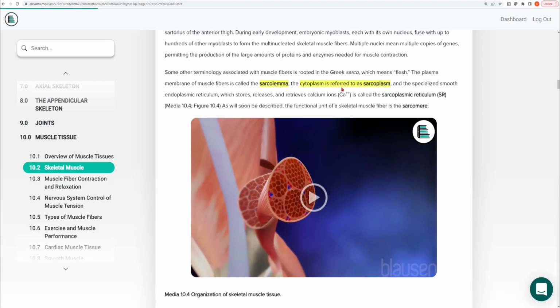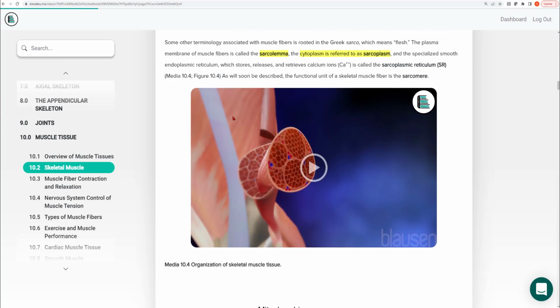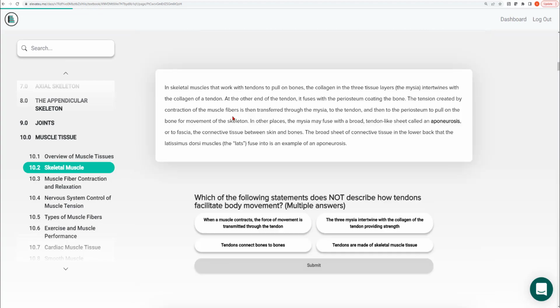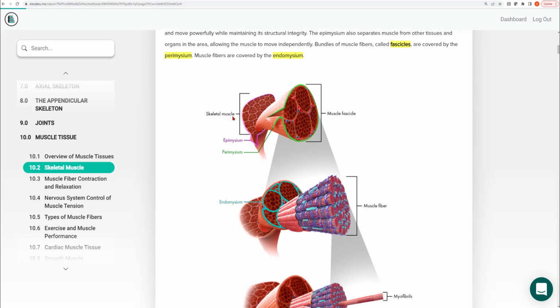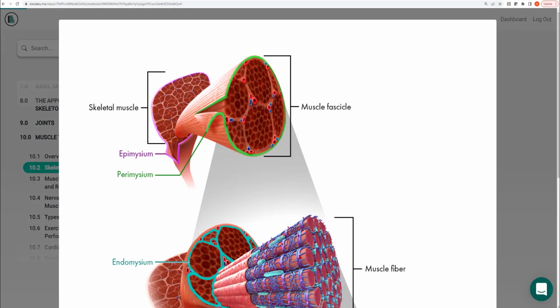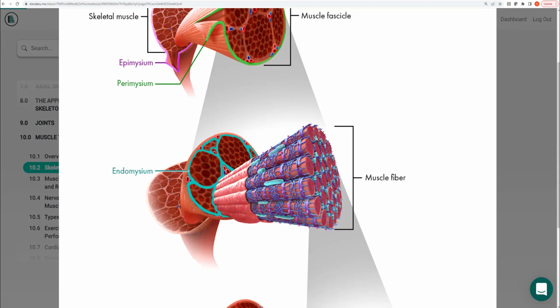And inside, there is a smooth endoplasmic reticulum. But this smooth endoplasmic reticulum is specialized. And let me go up and show this to you. I showed it to you briefly, but in this picture, all this purple webbing that we see around the myofibrils, that is the smooth endoplasmic reticulum of a muscle cell.